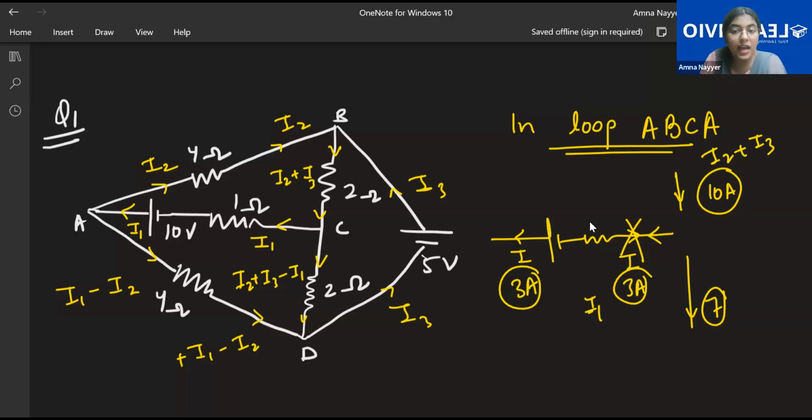Like 3 ampere has moved away. Look at it in terms of the variables like this. 10 ampere was coming, 3 ampere is moving away. So we already assume that this will be 7 ampere. So I1 has gone. So 3 ampere is representing I1, 10 ampere is representing I2 plus I3. So how much is left? I2 plus I3 minus I1. Got it?